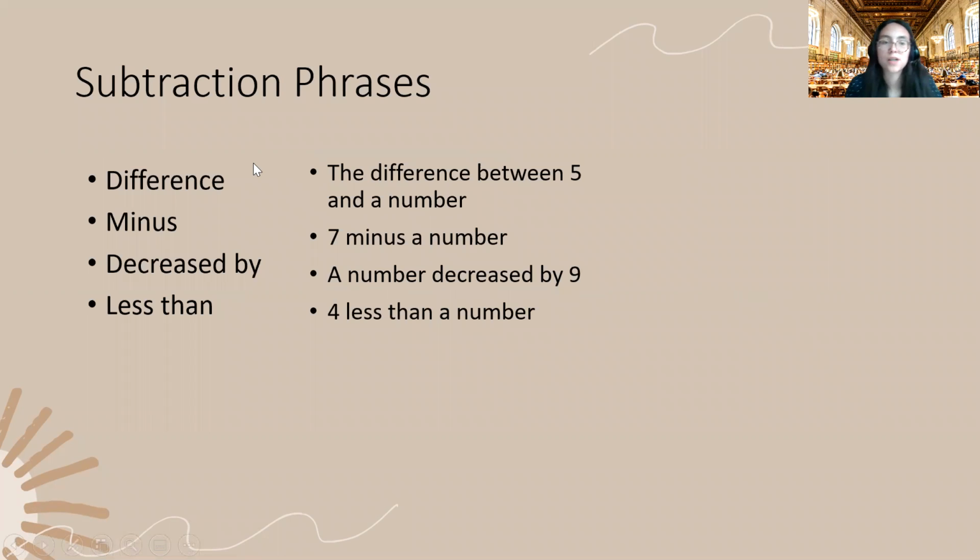So now we're going to talk about our subtraction phrases. Again, on the left-hand side, we have these vocabulary words. We have 4 of them: difference, minus, decreased by, and less than. And in the middle column, we have our examples of how we write them out. The difference between 5 and a number tells us that we are going to be subtracting 5 and a number.